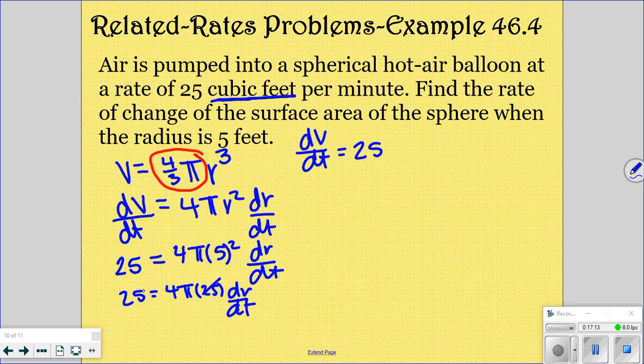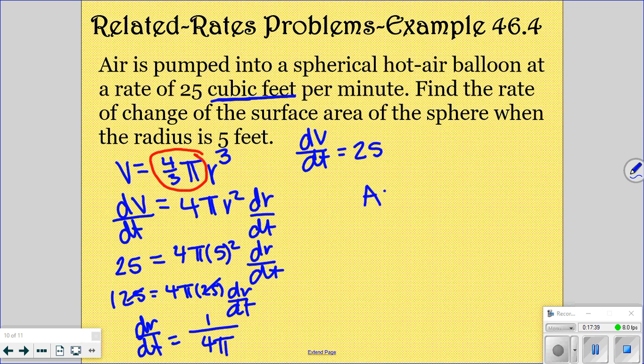That 25 will cancel to make that just a 1. So our dr over dt is 1 over 4 pi. Okay, but if you look back, it wanted to know the rate of change of the surface area. We just found the rate of change of the radius. So we need to go to our surface area formula. Don't erase this. You had to do it to find the rate of change of the surface area.